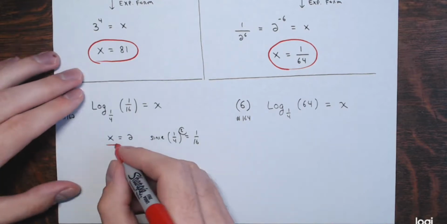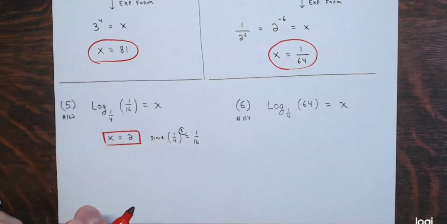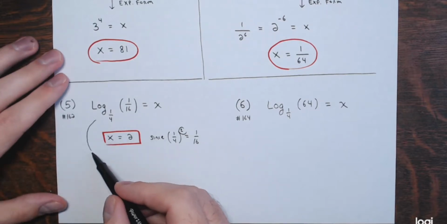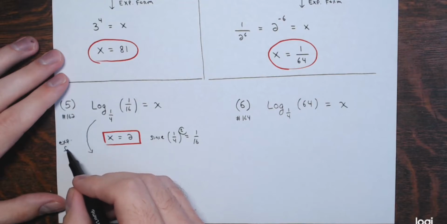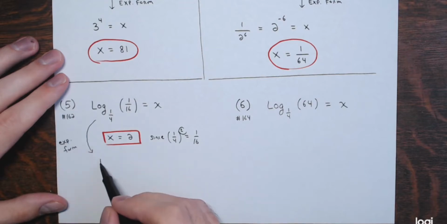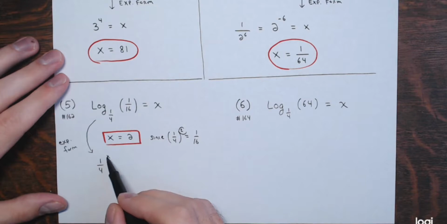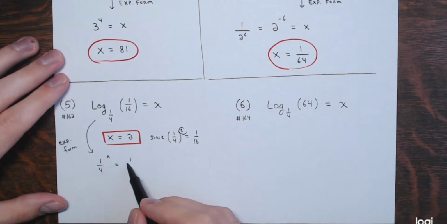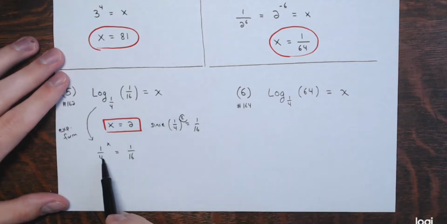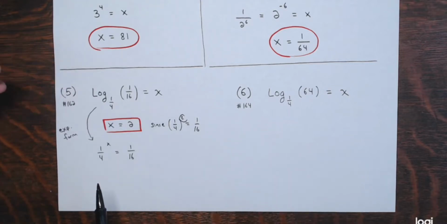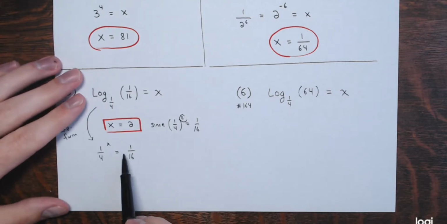Right? 2, that works. Now, you could have also changed this to exponential form as well, and had 1/4 to the x power equals 1/16, and then tried solving this like I've solved exponential equations in a previous video using the one-to-one property, where you get both sides with the same base.